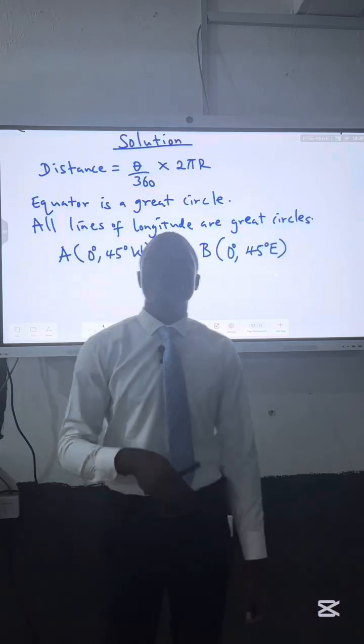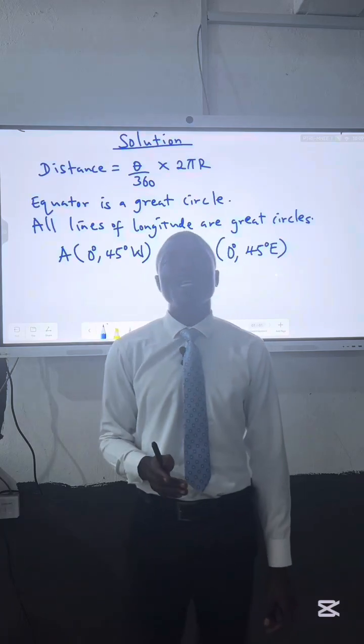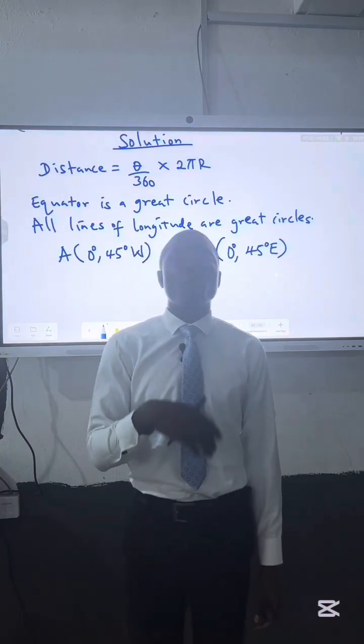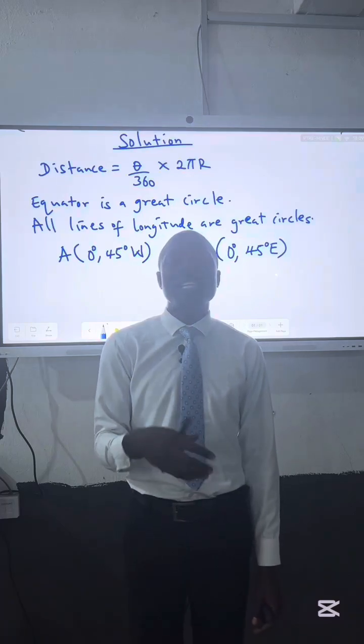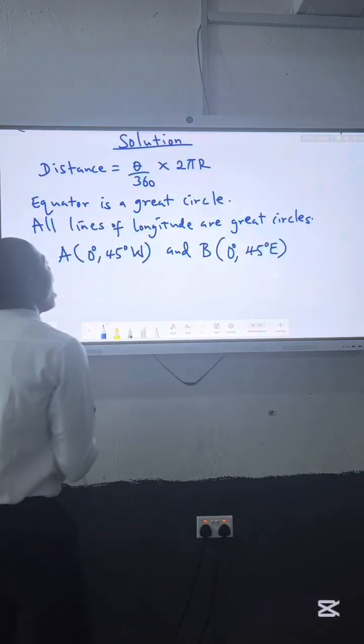The equator is latitude 0 degrees; latitude 0 degrees is another way of representing the equator.